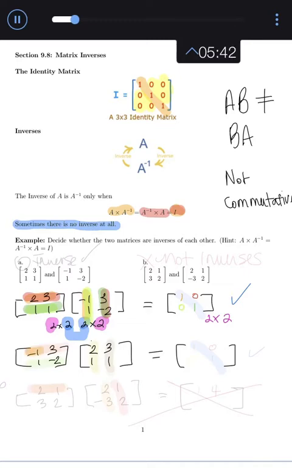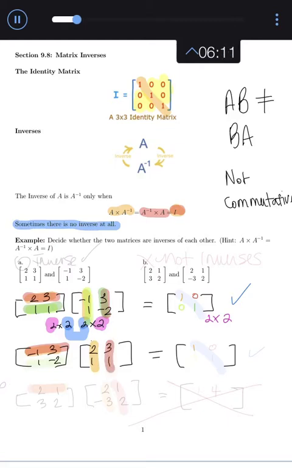Beginning with first row, first column: -1 times 2 gets us -2, and 3 times 1 gets us 3. Well, -2 and 3 gets us +1.